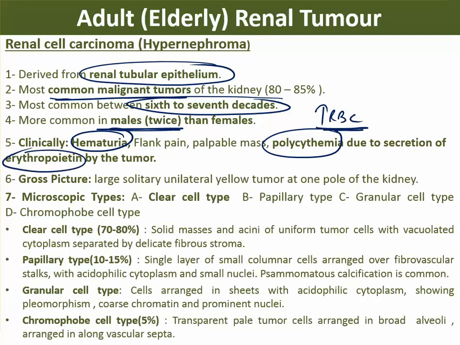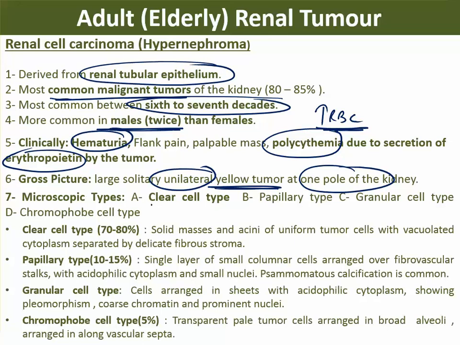Usually it will be unilateral, and it will be a yellow tumor because it contains a lot of cholesterol. It is usually seen in the poles of the kidney, whether the superior or inferior pole.